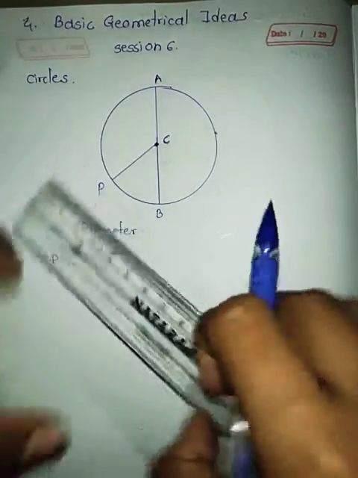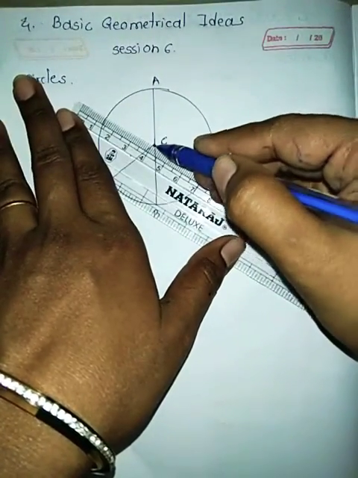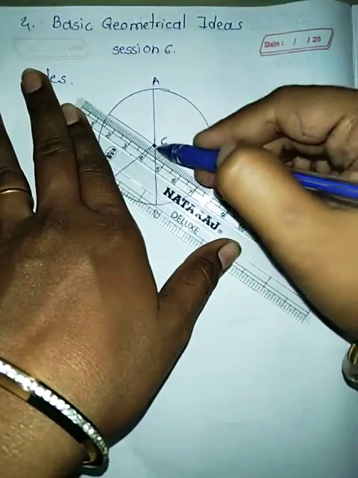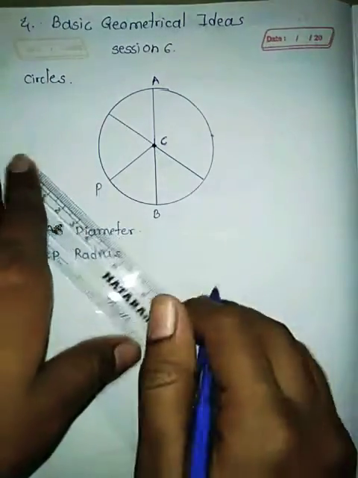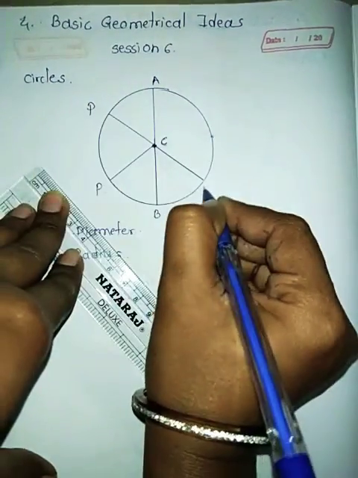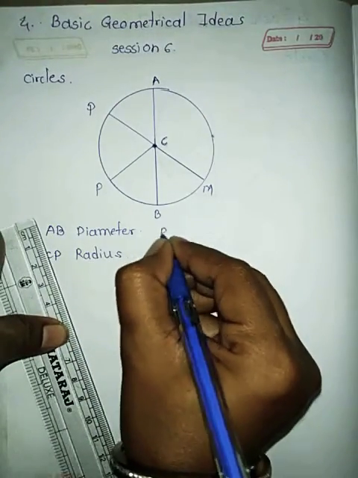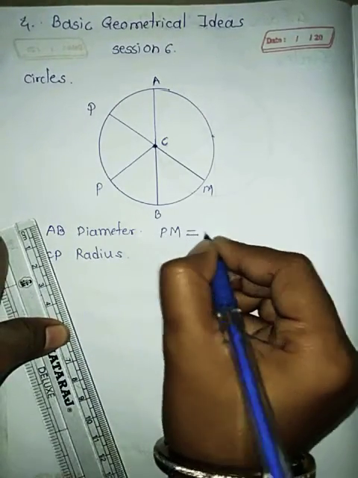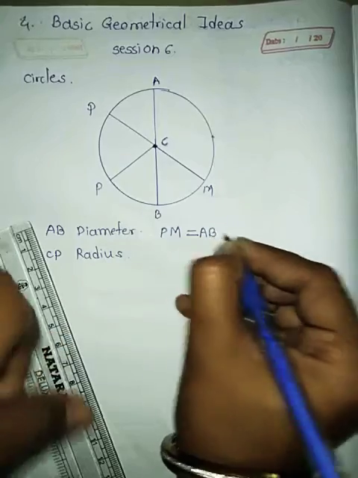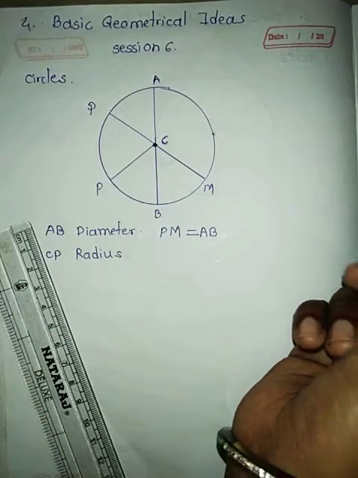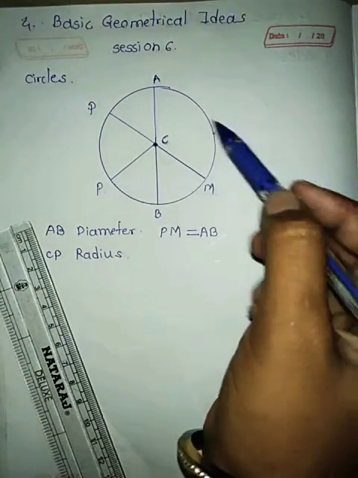Then suppose I draw another line going through the center of the circle, suppose PM. Then PM is equal to AB. Whatever the distance of PM is, it is equal to AB.